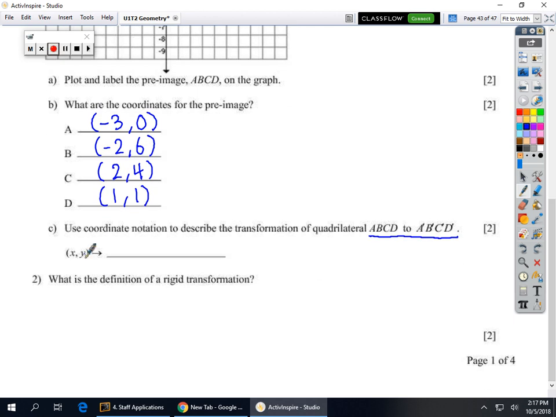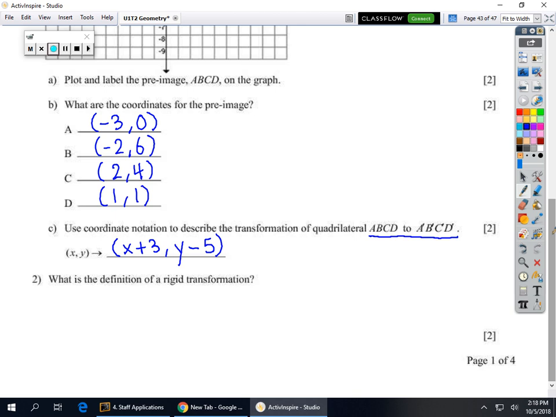They've given us the first part here. We don't need to write anything else. I've moved 3 to the right, so I'm doing x plus 3. Positive 3 on the x-axis means I move 3 right. And I've moved 5 down, so down is y minus 5. So this is coordinate notation.